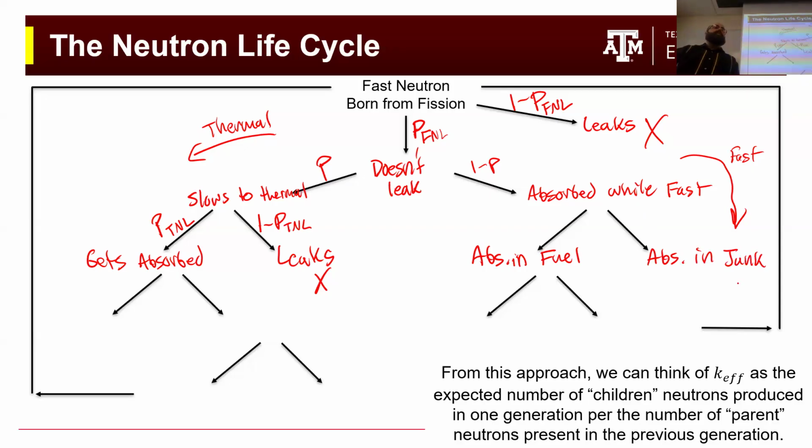The junk could be like the clad, or maybe you have some in-core detector, maybe the neutron gets absorbed in that. So if we are absorbed in the fuel while fast, what's that probability? UF, perfect. And then this is 1 minus UF.